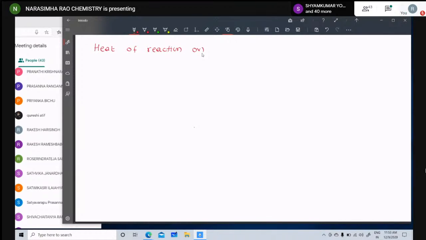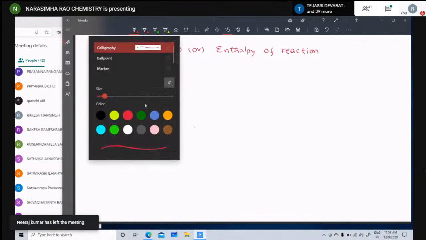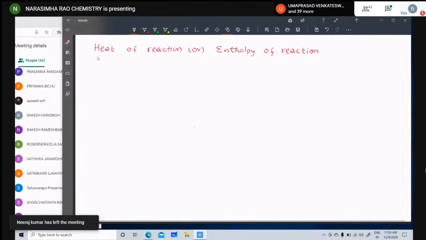This is also known as enthalpy of reaction.